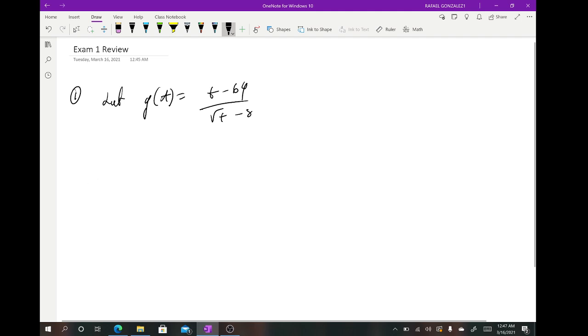So somebody tells you, find the limit as t goes to 64 of g of t, and they told you to use a table to estimate it.